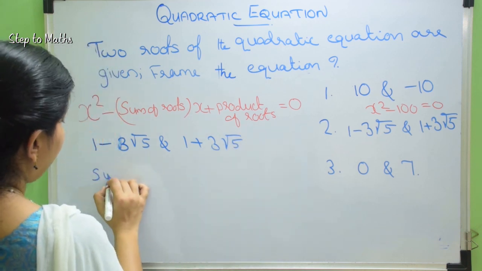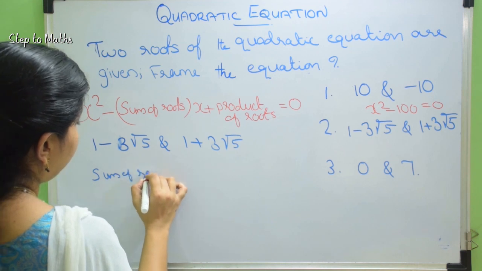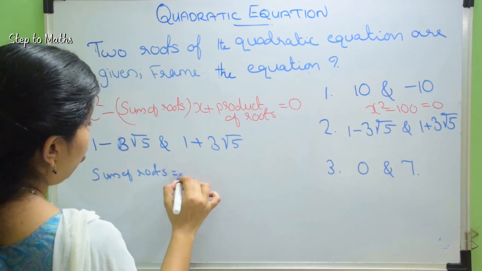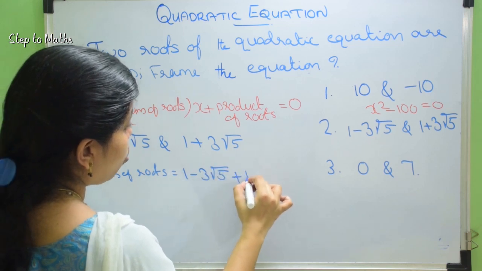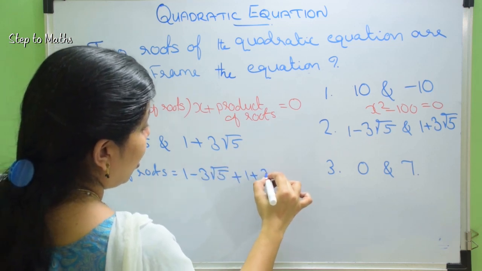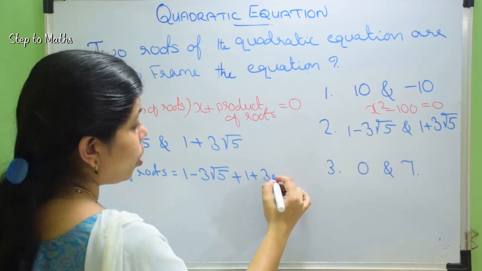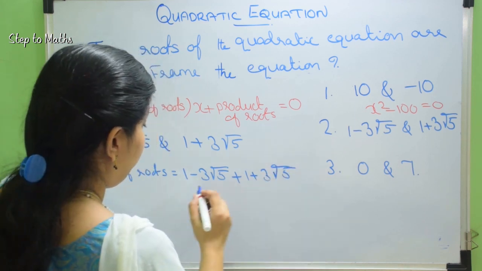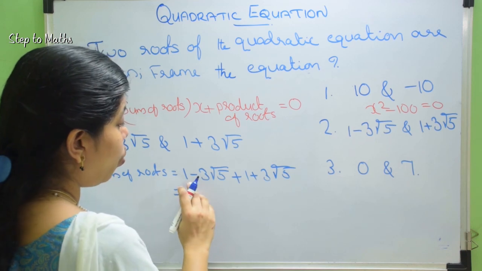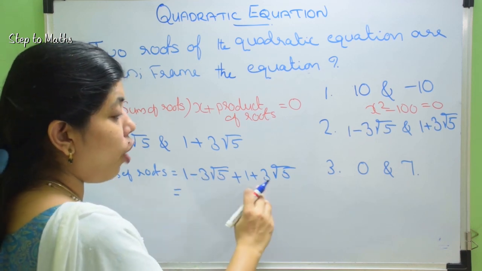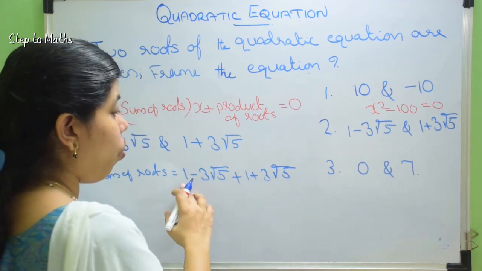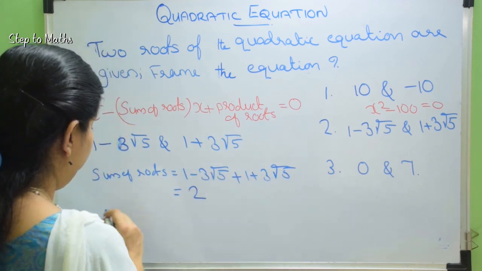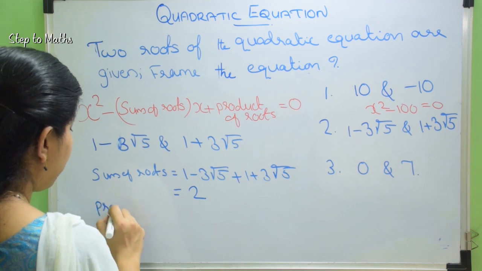Sum of roots equal to 1 minus 3 root 5 plus 1 plus 3 root 5. That is, minus 3 root 5 plus 3 root 5 becomes 0, and 1 plus 1 is 2.